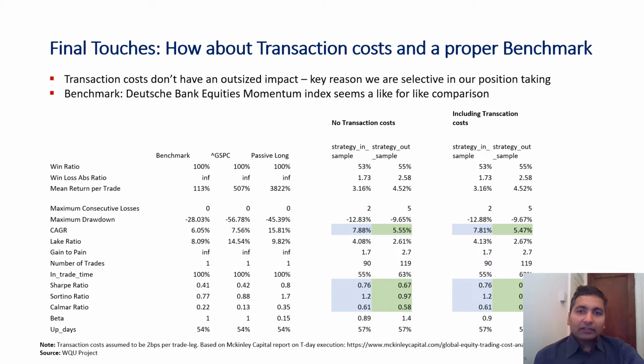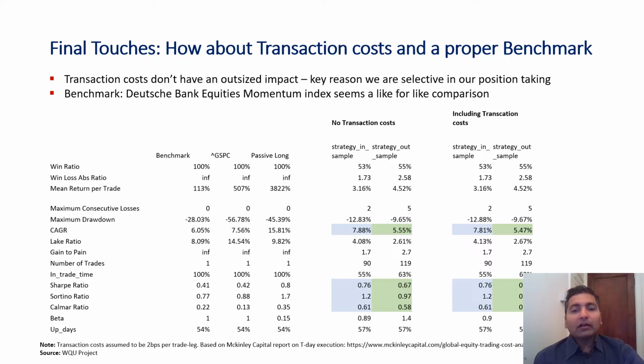We also added transaction costs and benchmarks. We picked the Deutsche Bank Equities Momentum Index as a like-for-like comparison. In terms of transaction cost, we picked 2 basis points per trade, which is based on the McKinley Capital report. This did not make a big difference, although the CAGRs went down by roughly 8 to 10 basis points over the lifetime of the trades.